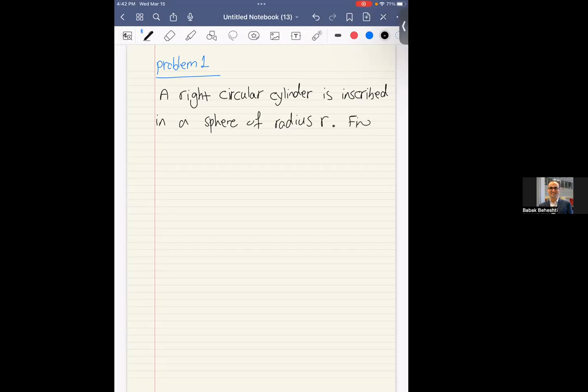So find the largest possible volume of such a cylinder.